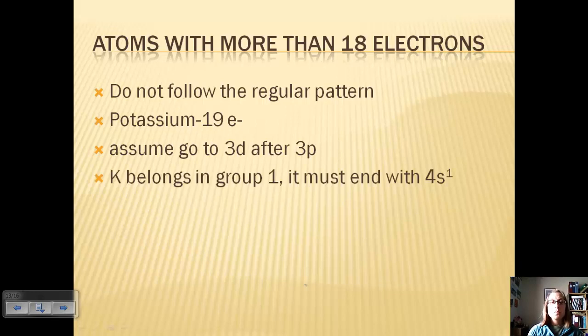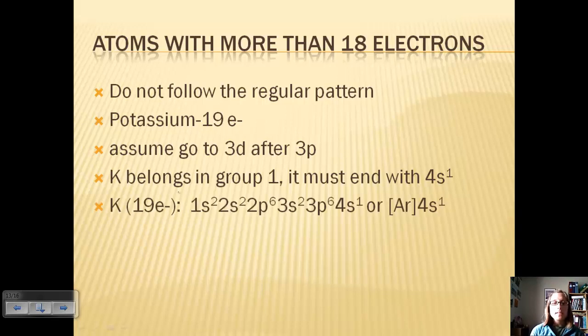Okay, but K belongs in group 1, so it must end with 4s1, because it's in that very first group. And so potassium's electron configuration is 1s2, 2s2, 2p6, 3s2, 3p6, and 4s1. All of this is equal to argon's electron configuration. So we can shorthand it by writing just argon and 4s1.